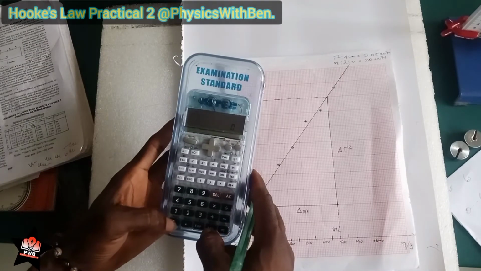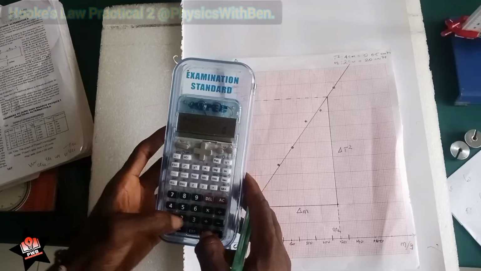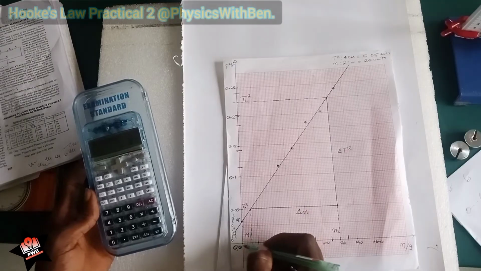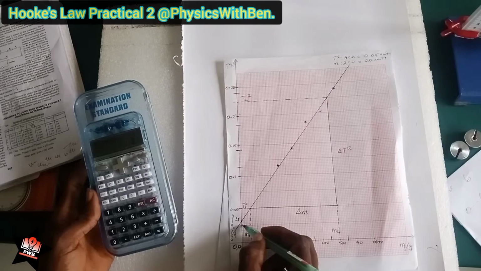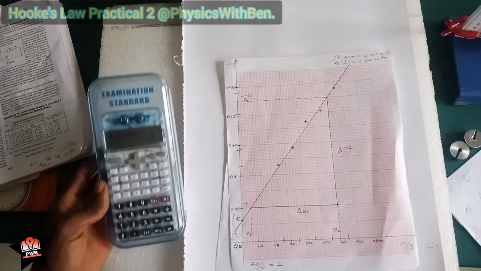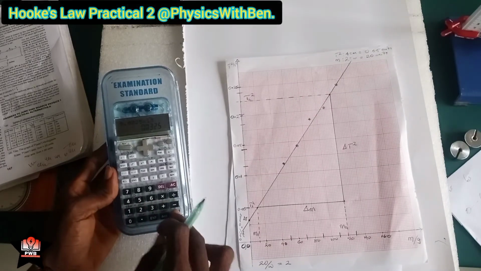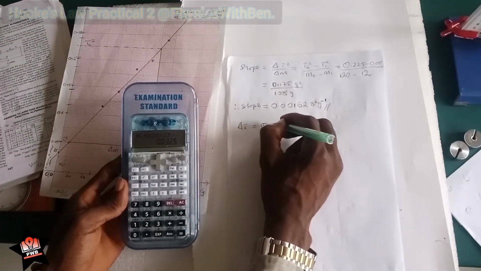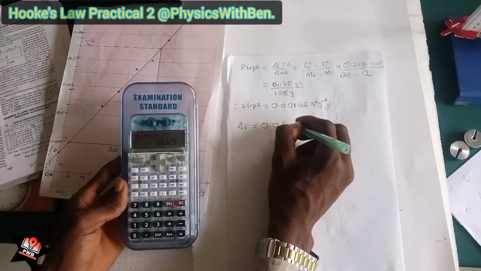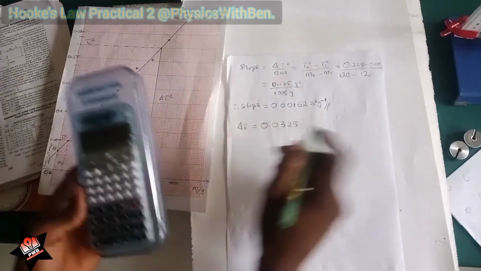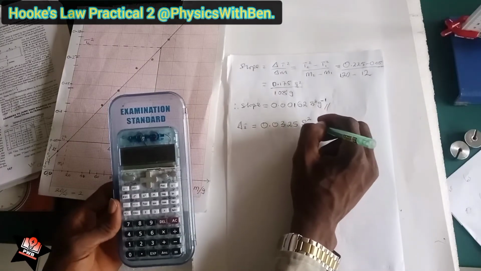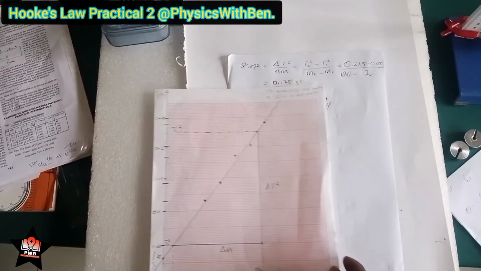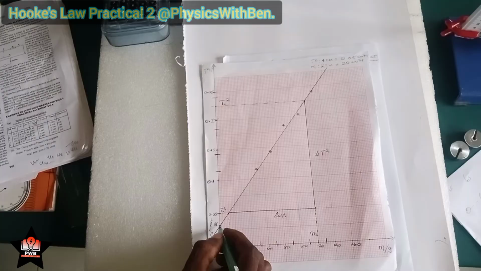So say 0.0025 times, let's count, this is 10, 1, 2, 3, times 13. So intercept is 0.0325 seconds square. That is the intercept for the graph. This is the point here.